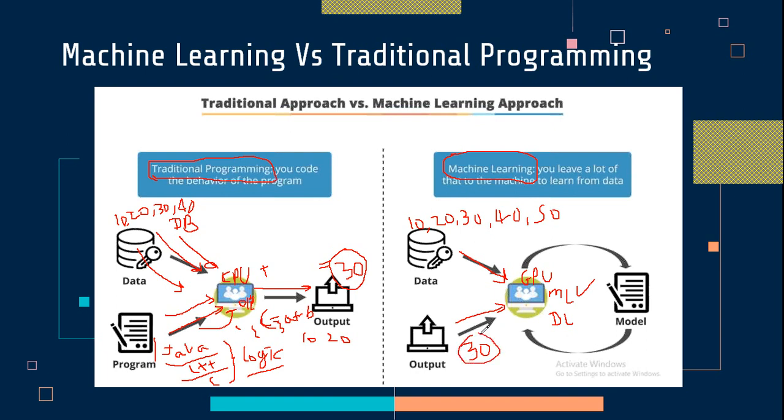You don't know how to get 30 out of these numbers. So there are a few options that the machine learning algorithm can opt for.